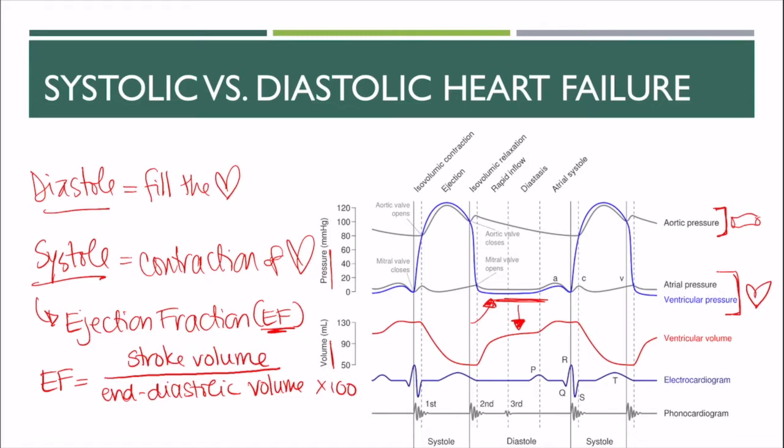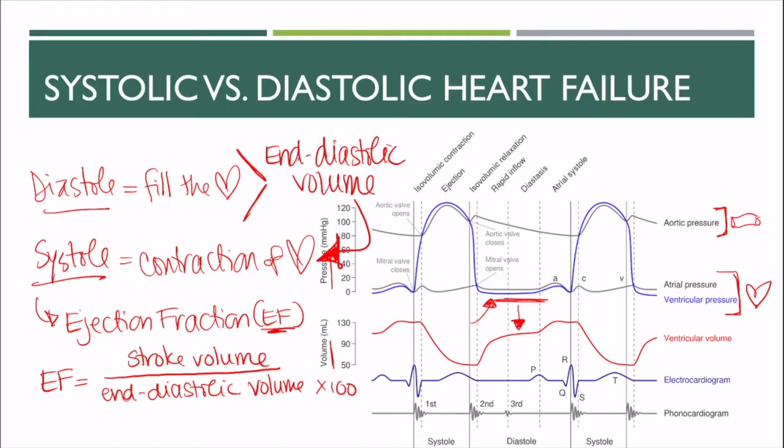So what this equation is saying is, of all the volume that got in the heart at the end of diastole, so at the end of diastole, we filled the heart, this is our end diastolic volume. How much did we get in there in the first place? Of all the volume that gets in, how much do we pump out? What's our stroke volume?